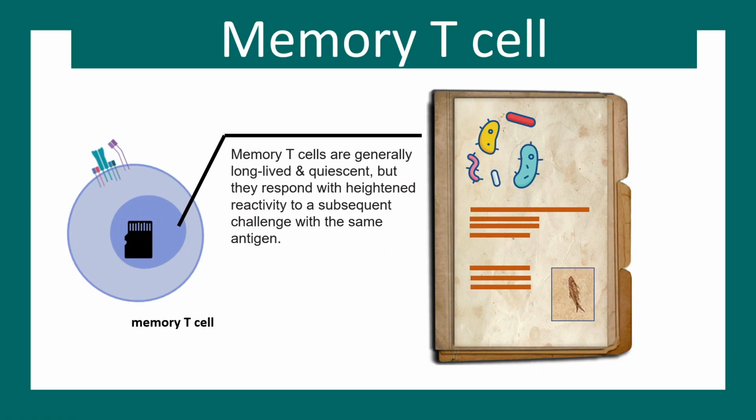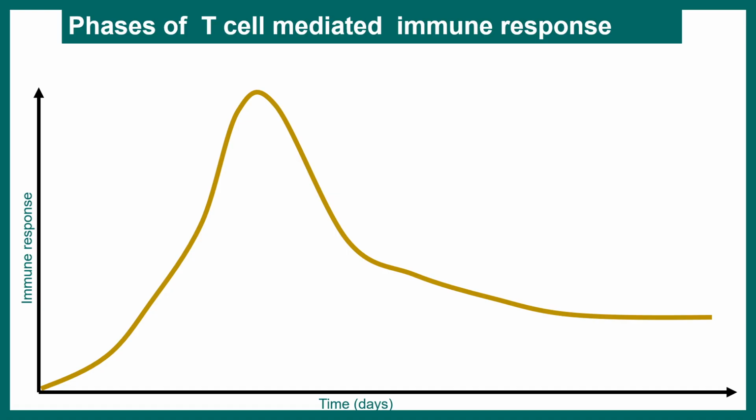Now, these cells are really important in the fight against tumors. But before that, let me tell you that there is another kind of cell known as memory T cells. Memory T cells are generally long-lived and quiescent, but they remember the incidence of pathogen exposure, as if they have a complete memory of the history of the pathogen.